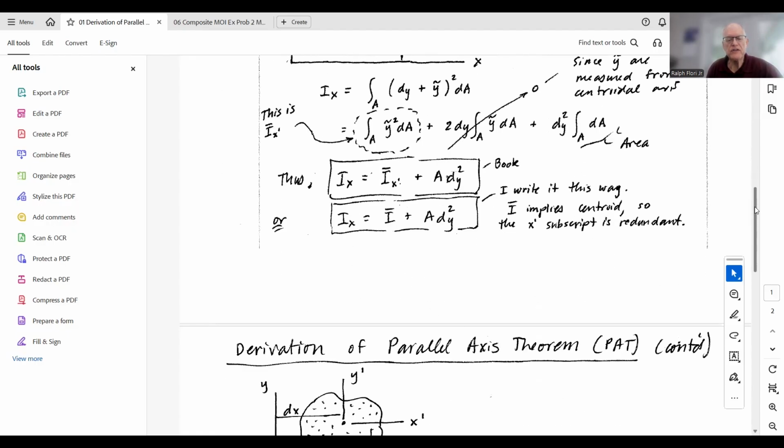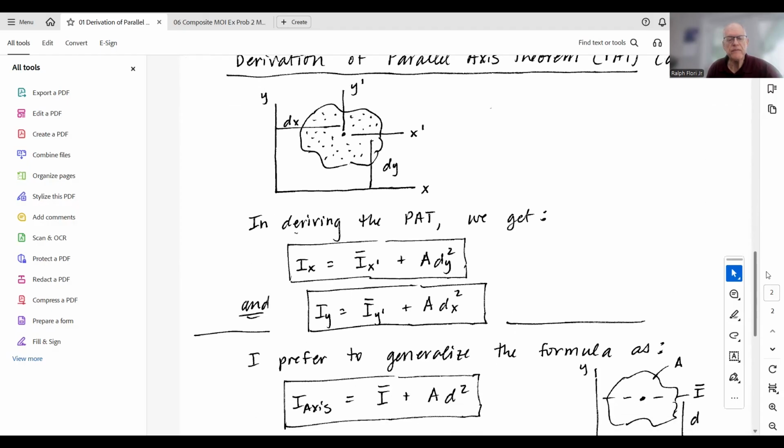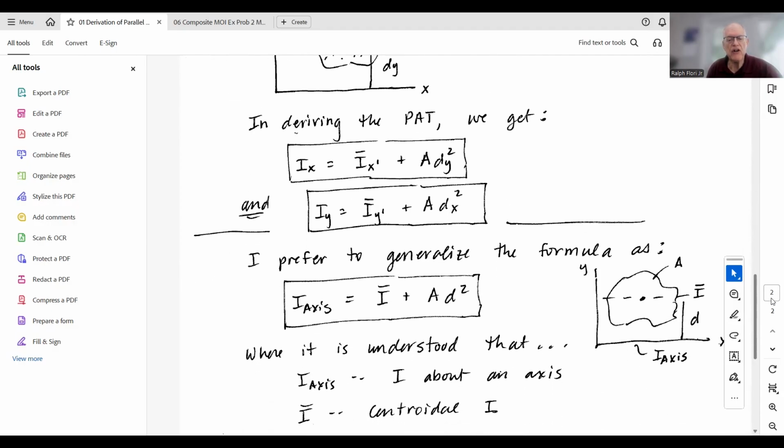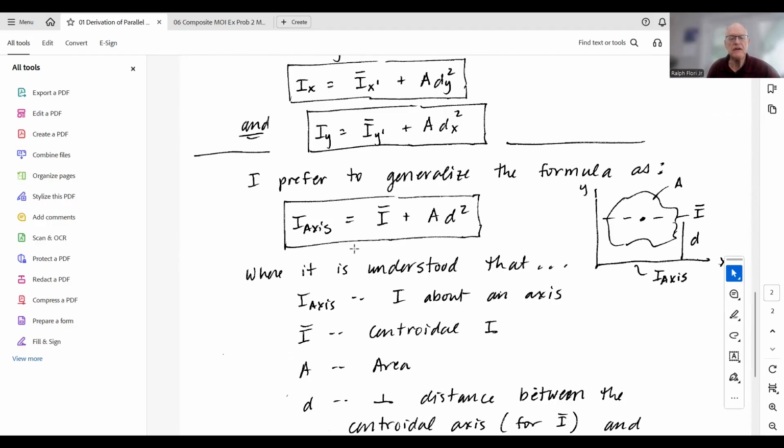I like to generalize the formula by calling it I-axis is equal to I bar plus A d squared, because I bar implies the centroidal axis, and so putting y prime or x prime in the subscript is redundant. To me, this is the general way to write the formula.